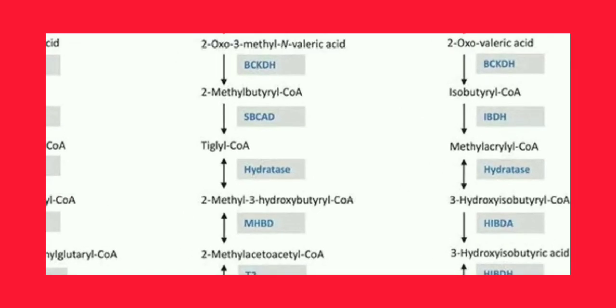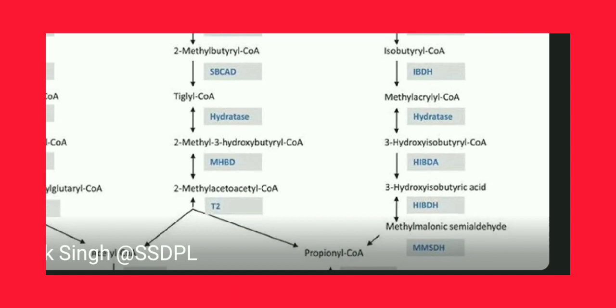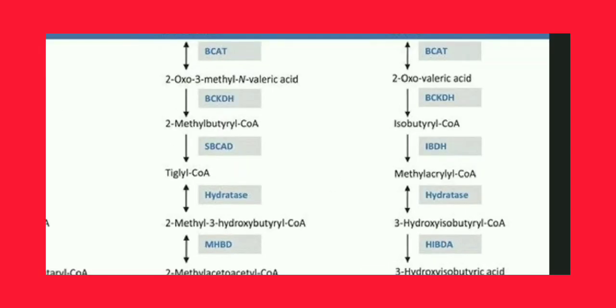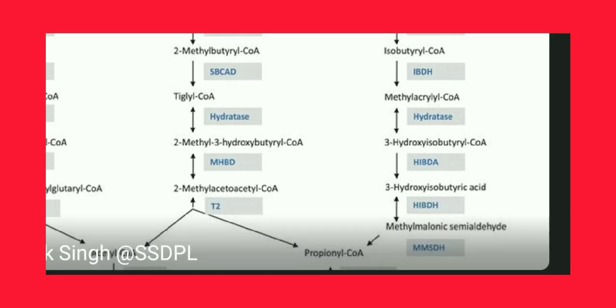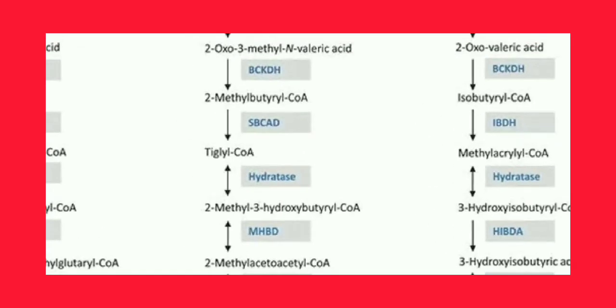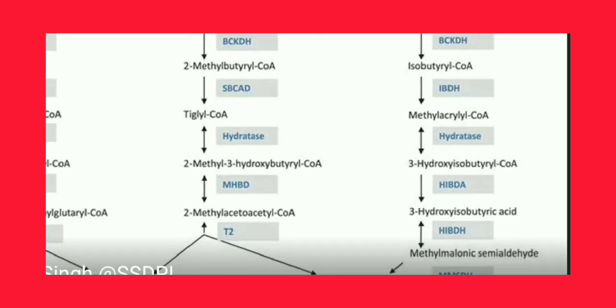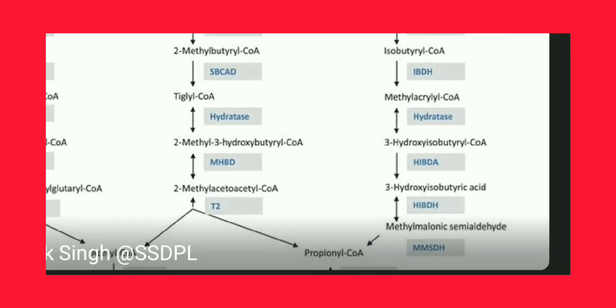Say, for suppose, there is a block at BCKDH, that is branched-chain ketodehydrogenase. If there is a defect in that enzyme, you would see only the leucine and oxoisocaproic acid elevated, but isovaleryl glycine would be normal.